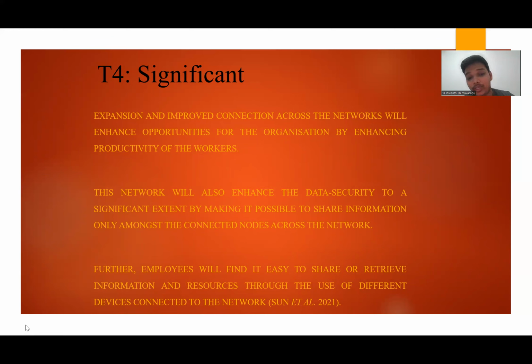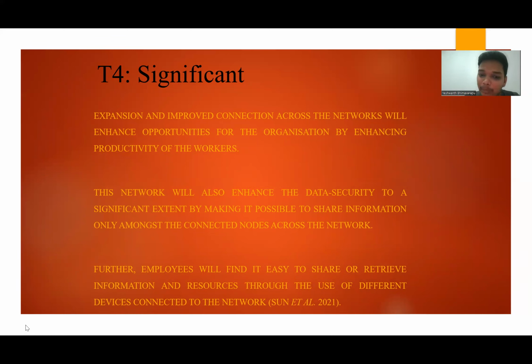When you check, this network will also enhance data security to a significant extent by making it possible to share information only amongst the connected nodes across the network. It only shares with the connected nodes, so it's really helpful for privacy.